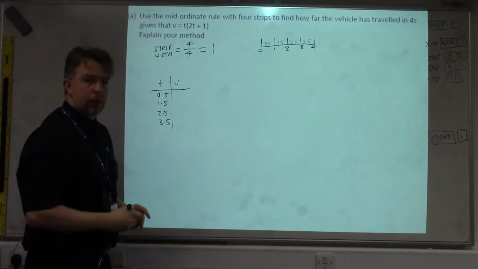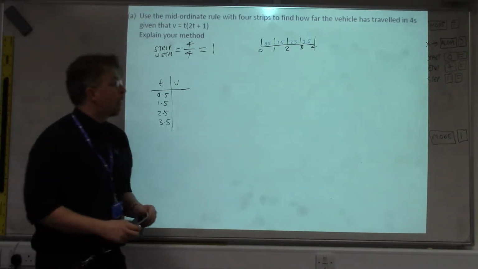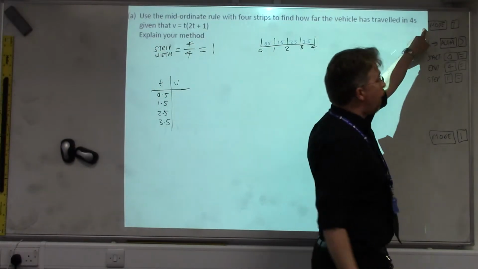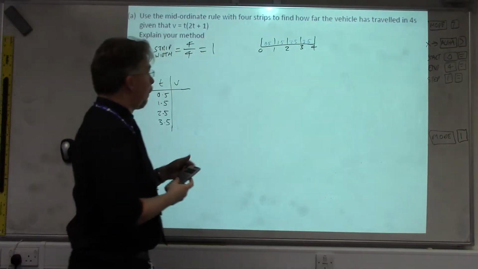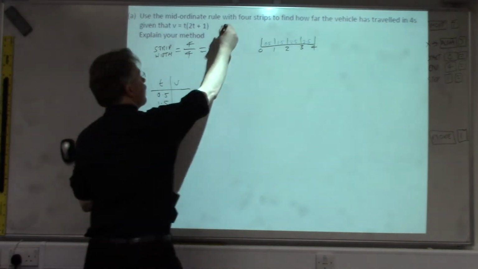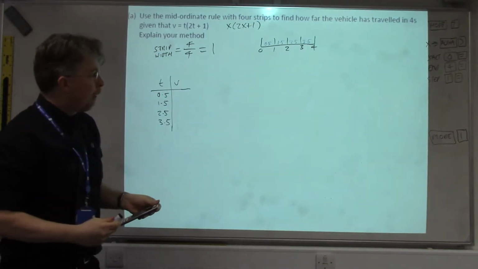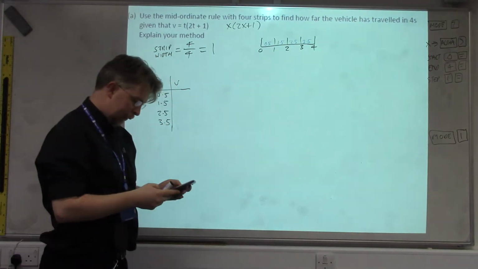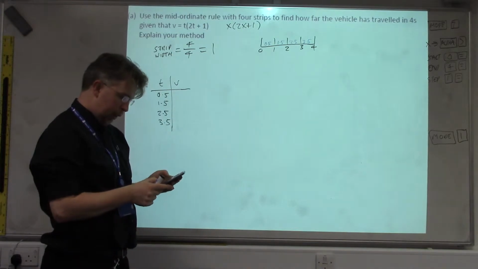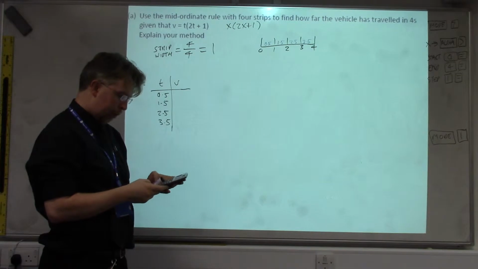And as usual, we're going to use the table mode in order to do that. So in this case, we'll go for mode 7 for table mode. Then we stick this formula in with x where the t's are, so x times 2x plus 1. If you need to put x in, we press alpha and close bracket. So alpha x, 2 alpha x plus 1, equals.